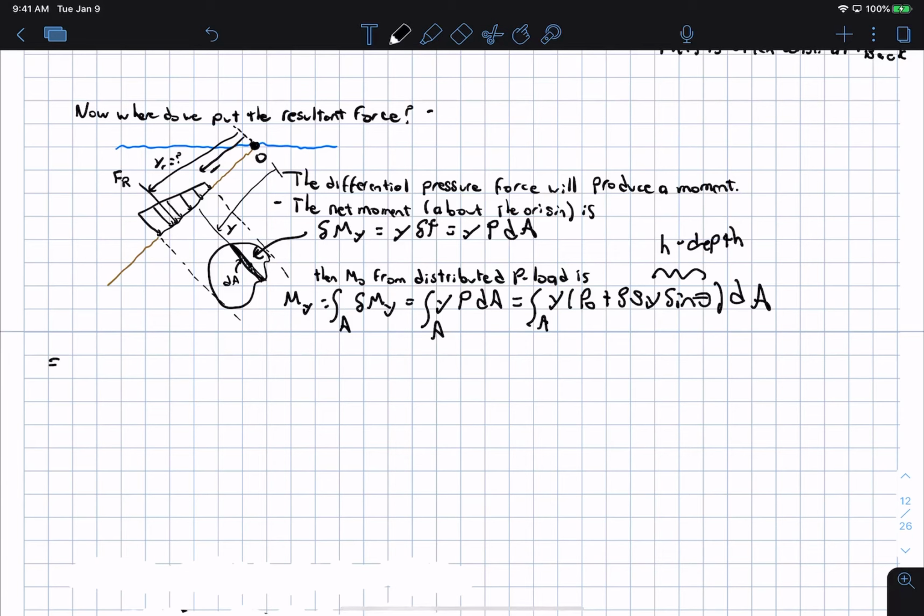So then this gives us that the net moment is equal to P naught, because atmospheric pressure is constant, we can yank that out.